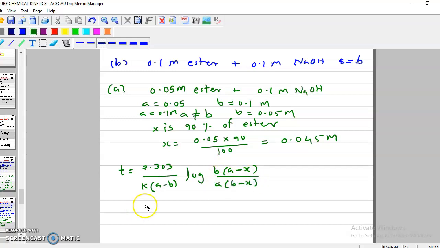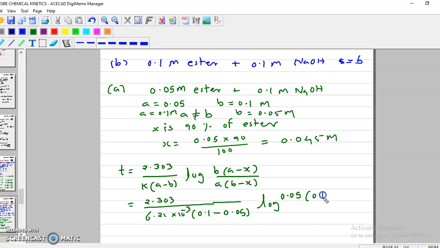So 2.303 upon K. K is given, 6.21 into 10 raised to minus 3, and A minus B means 0.1 minus 0.05, log of 0.05 into 0.1 minus 0.045 upon 0.1 into 0.05 minus 0.045.